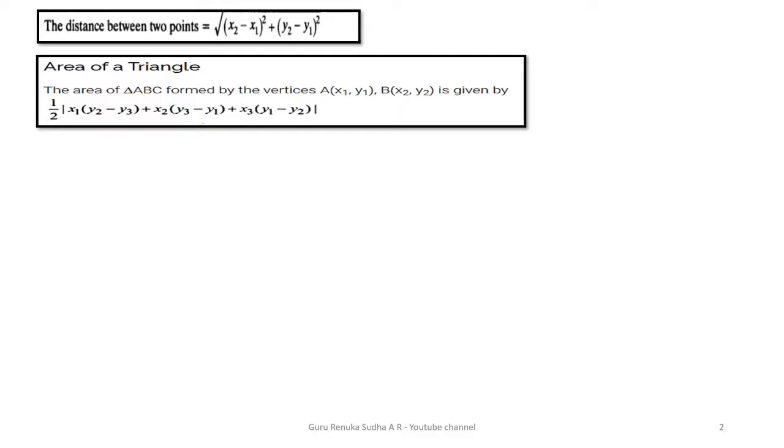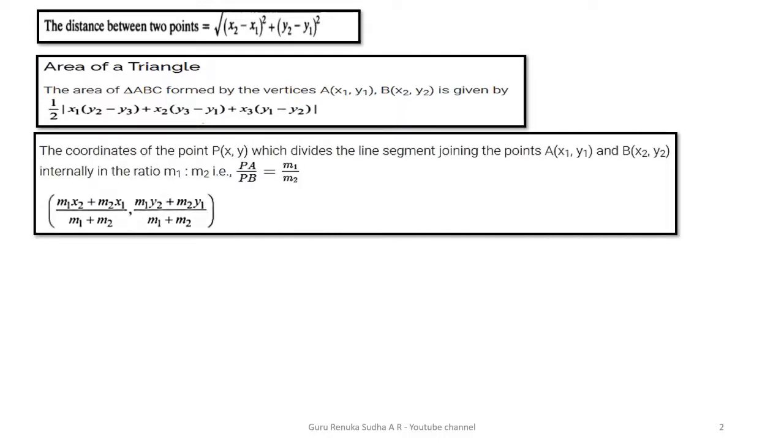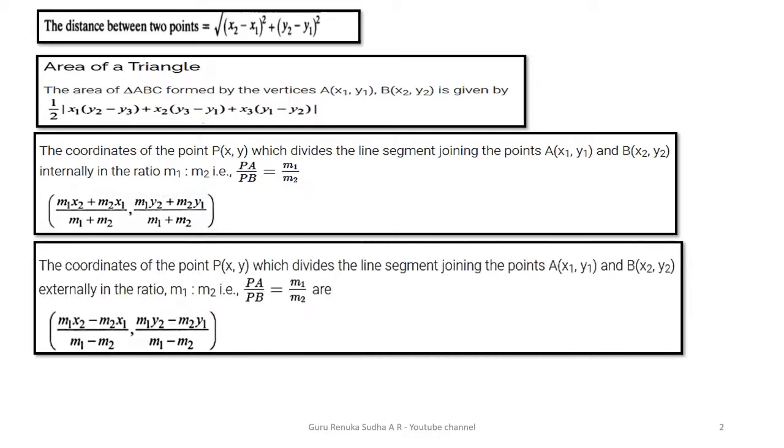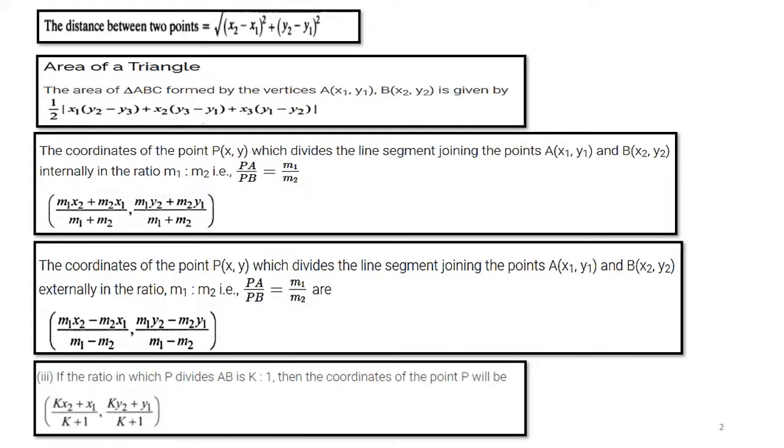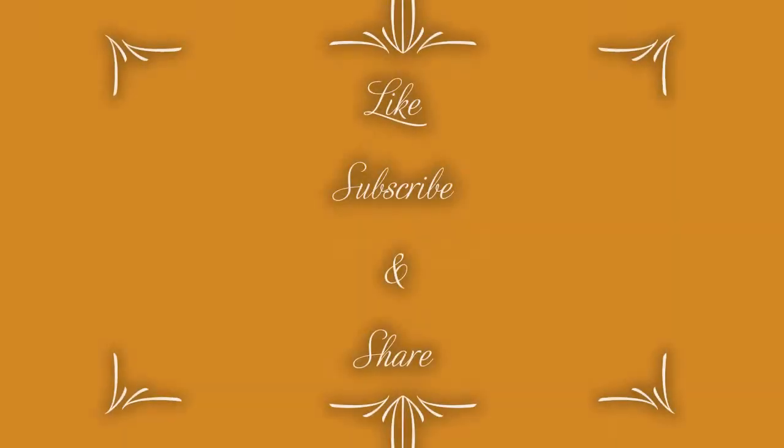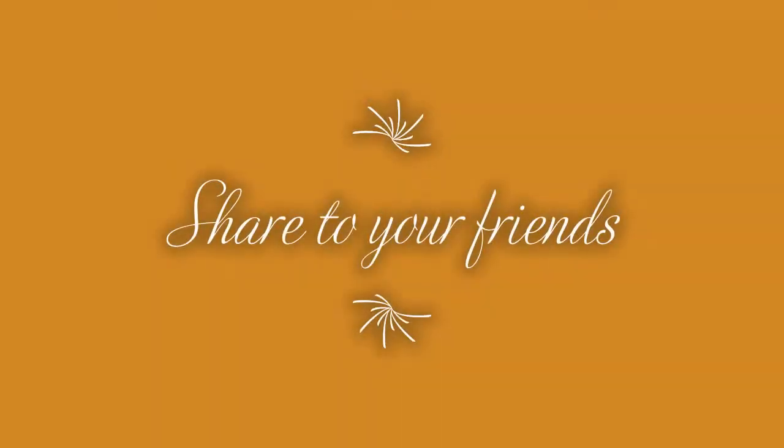Before going to discuss those 56 questions, let us know about the formulas in coordinate geometry. Here we must have knowledge of the formulas. They are related to the distance between 2 points, the area of a triangle, the coordinates of points which divide a line segment internally and externally, the ratio in which the line segment is divided, and also the midpoint formula.